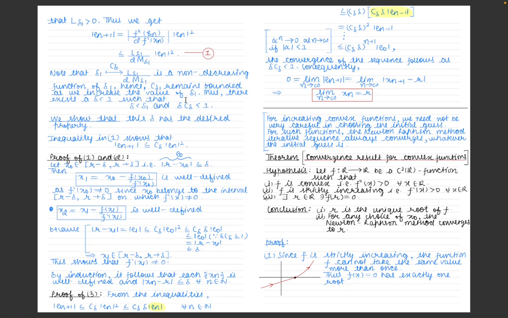Why? Because we know alpha power n goes to 0 as n goes to infinity if mod alpha is less than 1.